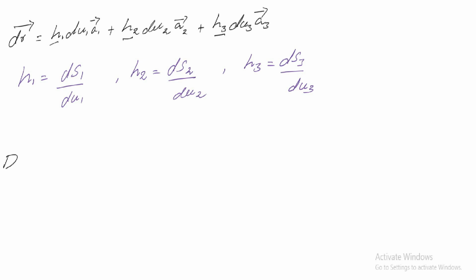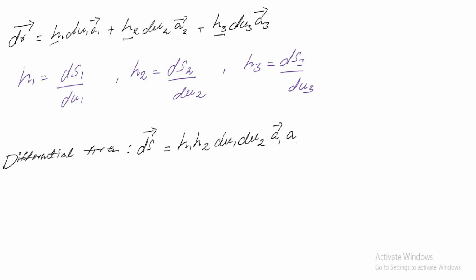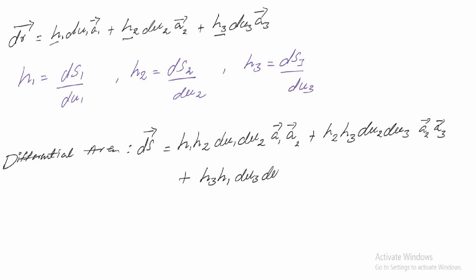So the differential area for the curvilinear coordinate system, the differential area vector, is given as dS = h1 h2 du1 du2 in the direction of a1 a2 plus h2 h3 du2 du3 in the direction of a2 a3 plus h3 h1 du3 du1 in the direction of a3 a1.